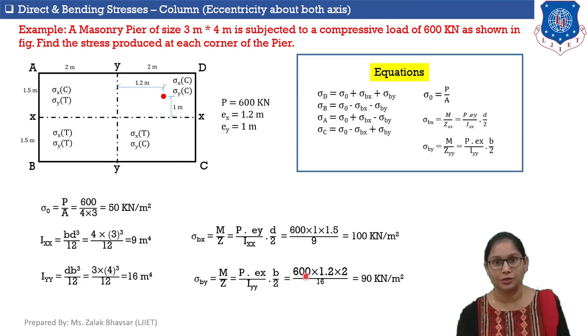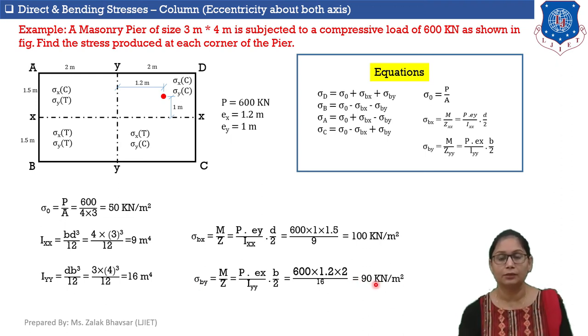Eccentricity in x direction is 1.2. Iyy, as we calculated, it is 16, and b by 2, here in our case B is what? 4 meter. So 4 by 2 is 2 meter. So I am getting bending stresses in YY direction, which is sigma By is equal to 90 kilonewton per meter square.